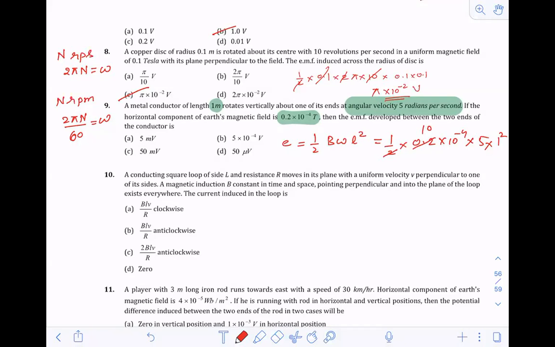You are having 50 into 10 to the power minus 4. This is what I'm getting. 50 into 10 to the power minus 4. It's not there in the options, no?